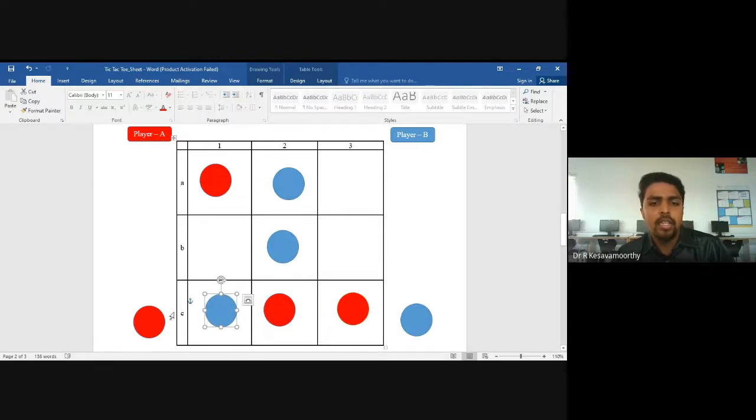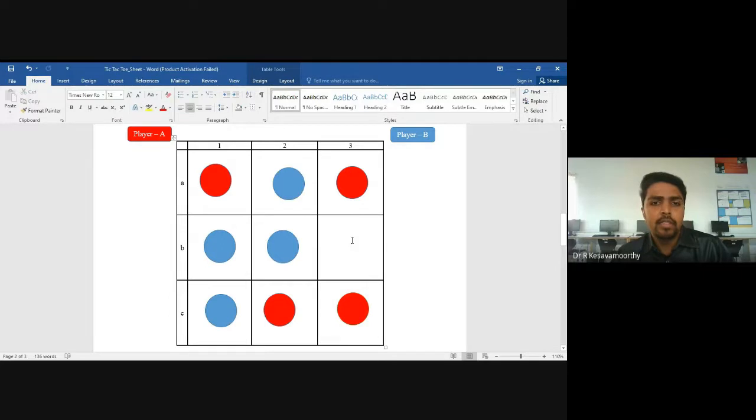Fine, and then player A will go here, and player B will place here. And at the end of this second game, you can see that it's a draw, which means none of the players have made it. So it is actually a draw.